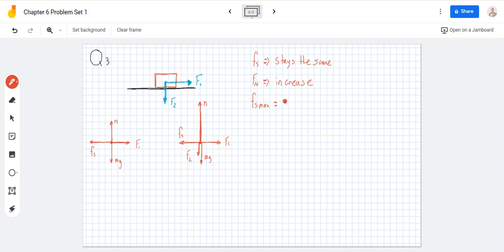And the Fs max also increases, because we know that the maximum static frictional force is equal to the coefficient of static friction times the normal force. And since the normal force increased, this has to increase also. And D says, does the box move? And the answer is no, because the force that you added, F2, is in the up and down direction, and so there's no way it's going to get it to move side to side.